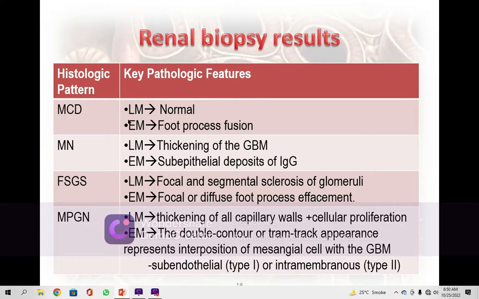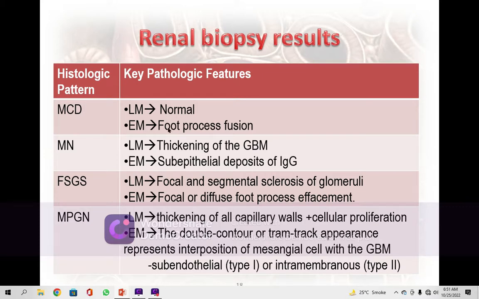Renal biopsy results are shown. I have said that in minimal change disease the light micrograph will be normal, and on electron micrography you will find the foot process fusion, because the nephron is normal in the routine micrography.